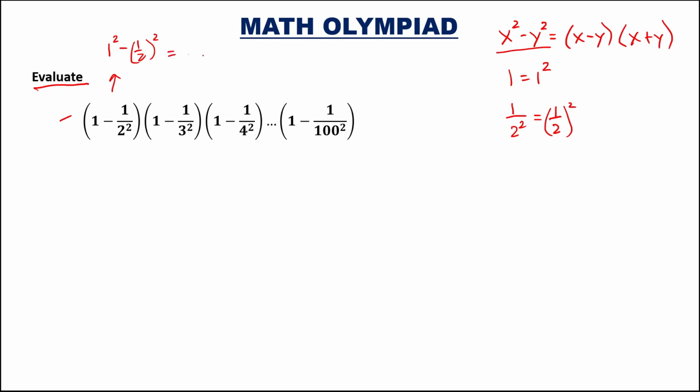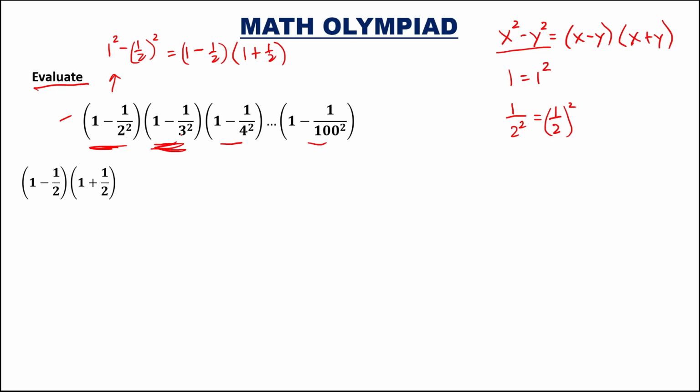So we can write this one as 1 minus 1 over 2 times 1 plus 1 over 2. The same with these remaining equations. So therefore, to expand this given equation, this is equal to 1 minus 1 half, times 1 plus 1 half.